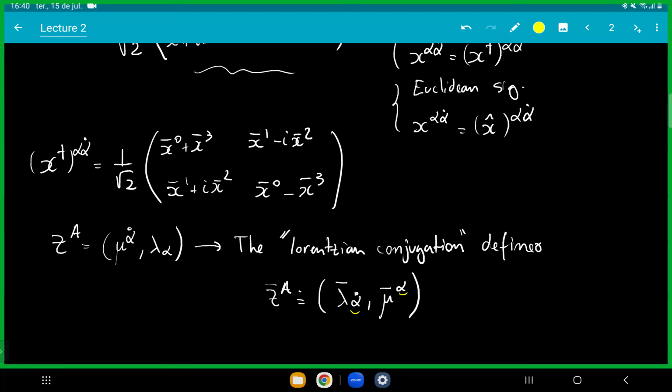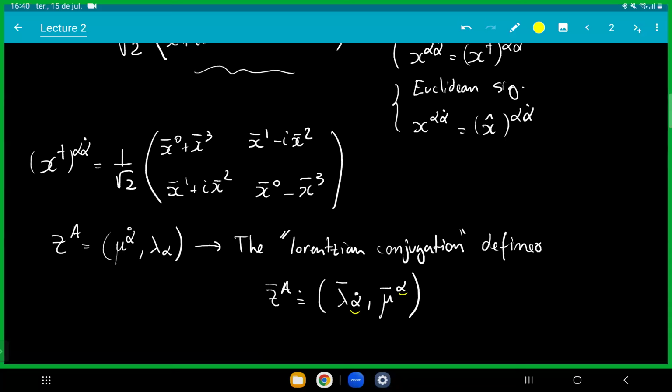When I take the transpose, I'm essentially changing between the representations of SL2C cross SL2C, so I need to change the indices. You can think about this in matrix terms, because that's exactly what is going on.